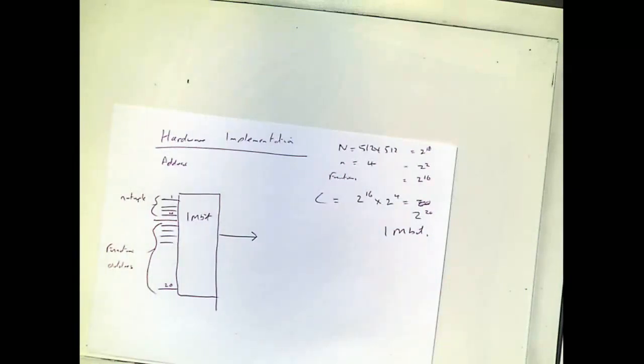How many addresses on 16 bits are there? 2 to the 16. 2 to the 16 is what? 65,536. I can set up in that 1 megabit memory 65,536 different functions. Wow, that's quite impressive.